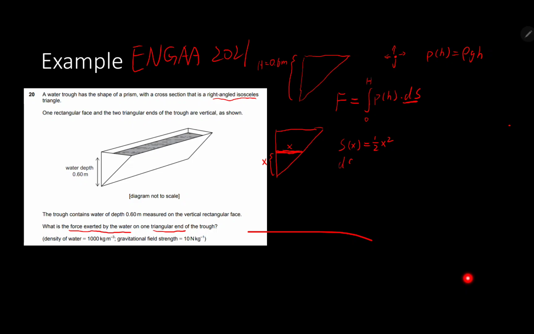That is, ds of x is the derivative of the right side, which is x times dx. Therefore, by inserting this one, we know that the forces is actually equal to integral from 0 to h. This depth h is actually equal to h minus x. So it is rho times g times h minus x times ds. ds is x times dx. So now it's a mathematical question again. We can solve it easily.